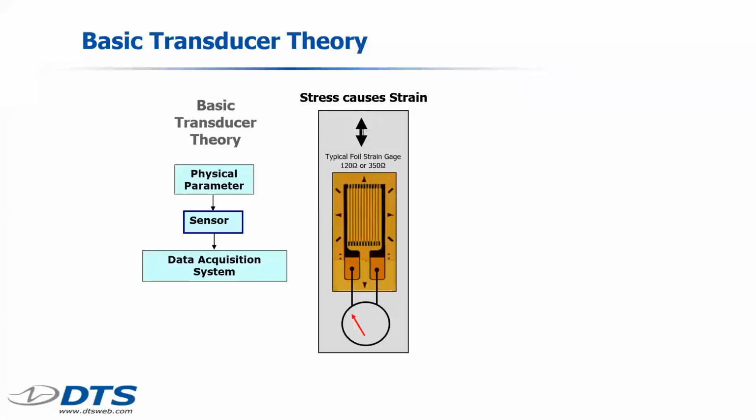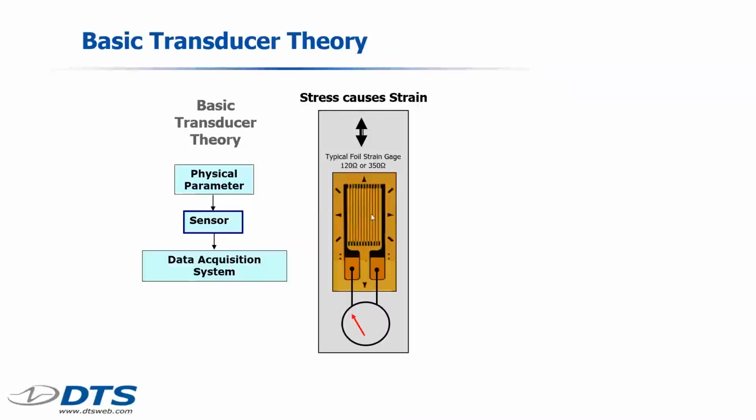If we assume this is a metal specimen, for example, part of a load cell or part of a structure that we're measuring, this structure will actually change its length slightly in response to stress. So strain becomes the way we measure stress on a material.